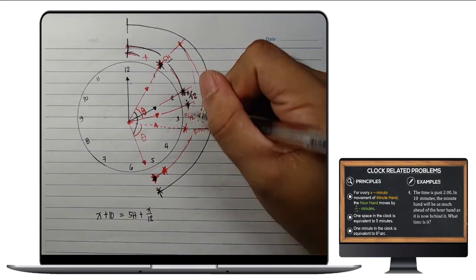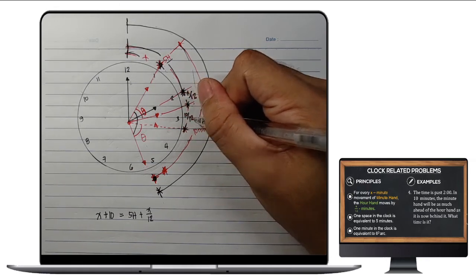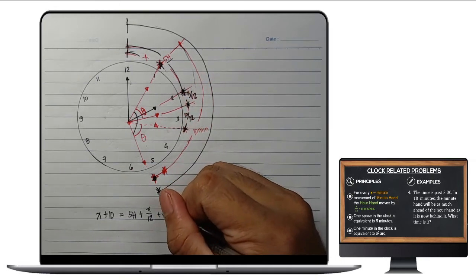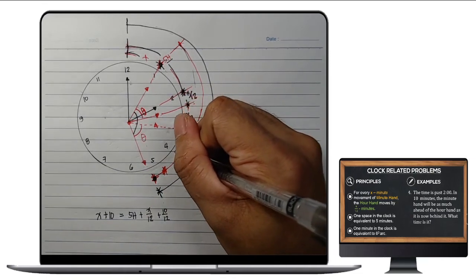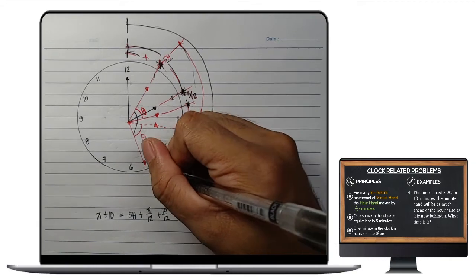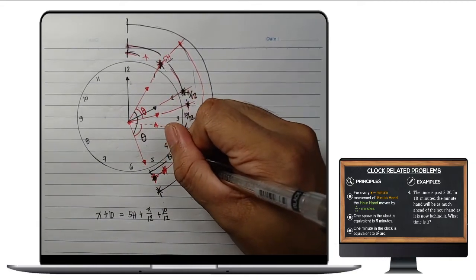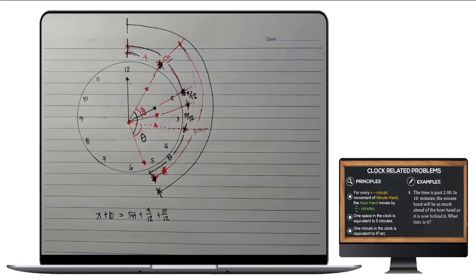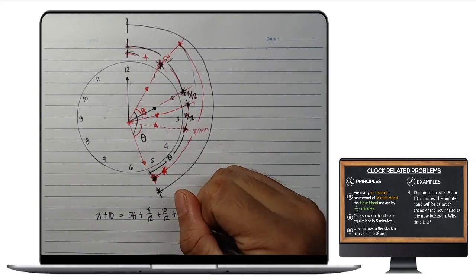Then from this point going to this point, that is 10 over 12, so plus 10 over 12. Then from this point going to this point, as you can see, there is your theta, so plus theta.